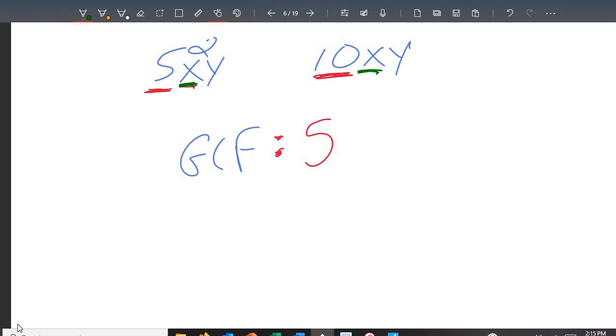This one has an x. So we have to include an x. The smallest exponent is 1. Now, also notice this one has a y and this one has a y. So we have to include a y. The variables have to be in all the pieces for it to be included.